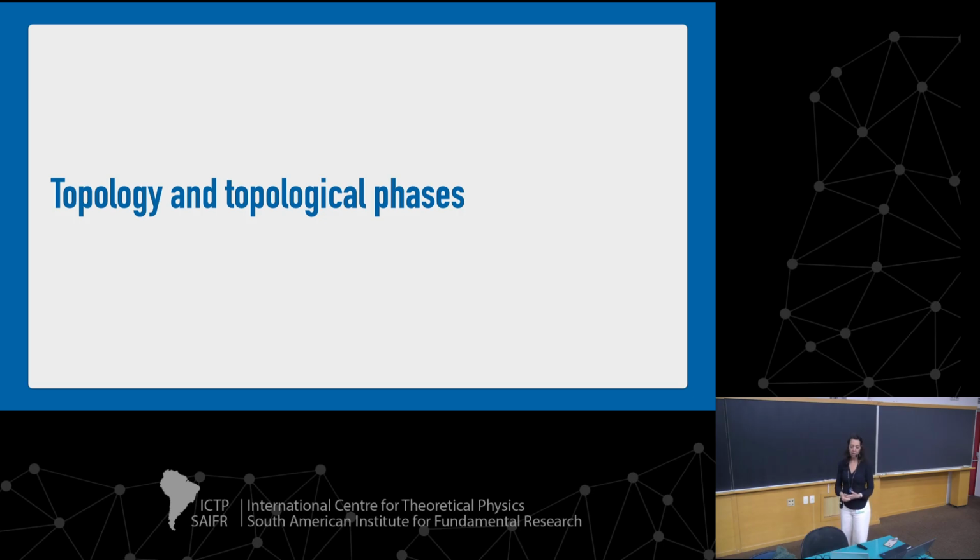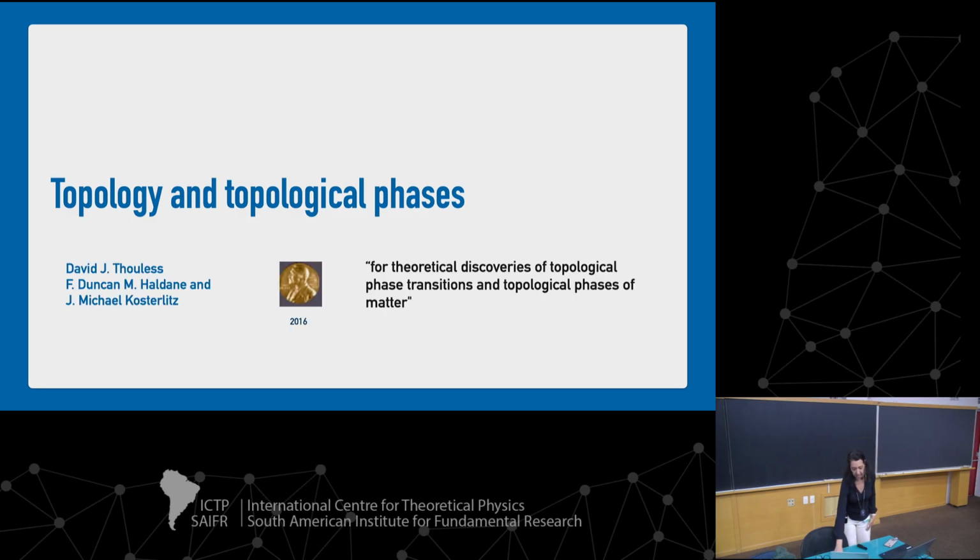So I'll talk briefly about topology and topological properties. And this is a very hot subject that has led to the Nobel Prize in 2016 to three people. And so topology and topological phases, and I'll speak a little bit about both.